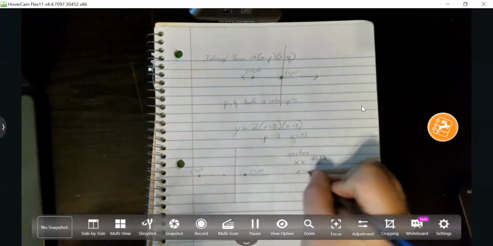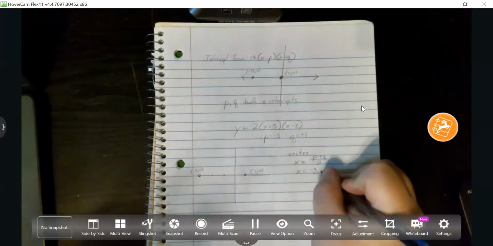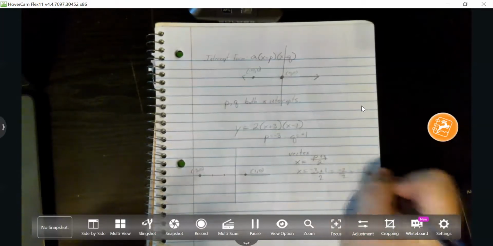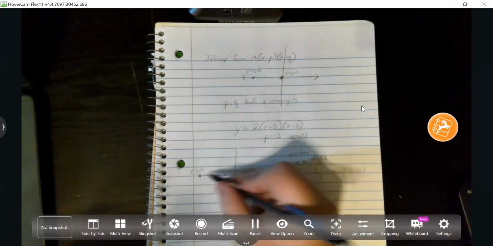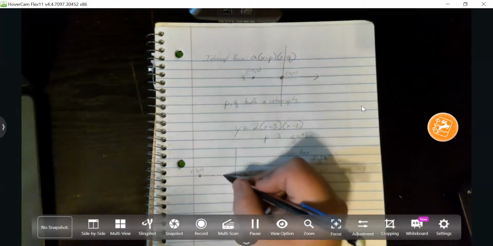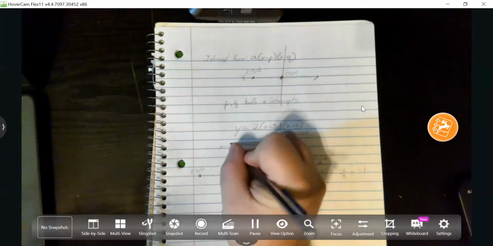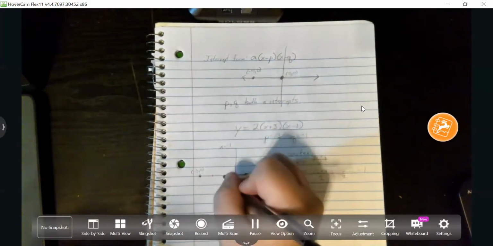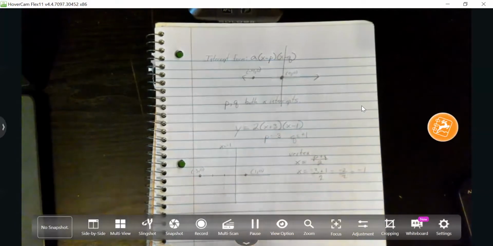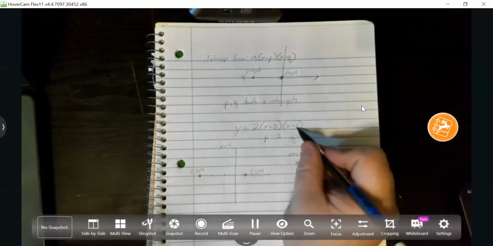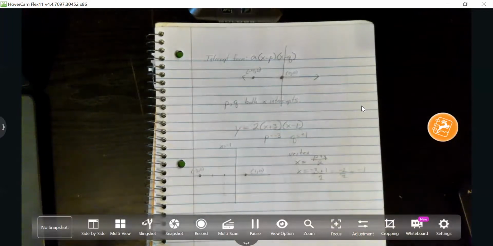So in this case, my vertex is going to be at (-3 plus 1) over 2, which is -2 over 2, which is -1. Graphically, if we look at it, 1, 2, 3, 4, yeah, it'd be at -1. So I know my vertex x value is x equals -1. There would be my axis of symmetry. But we still need to know the actual vertex. So I'm going to take my -1 and plug it back into my equation to find my y value.